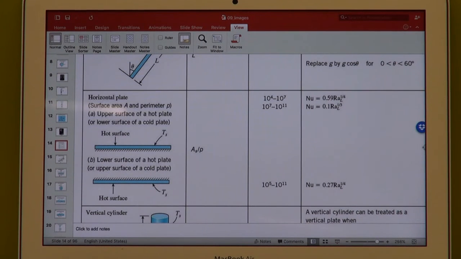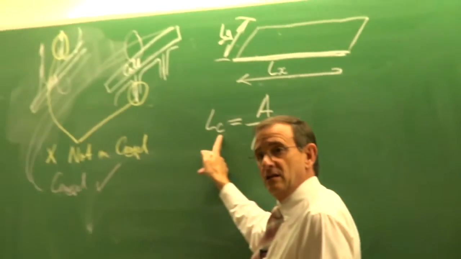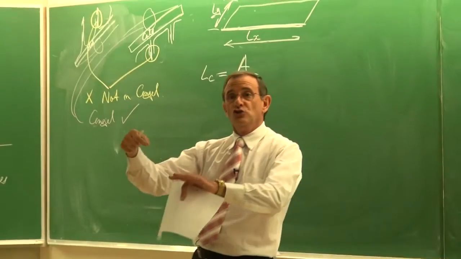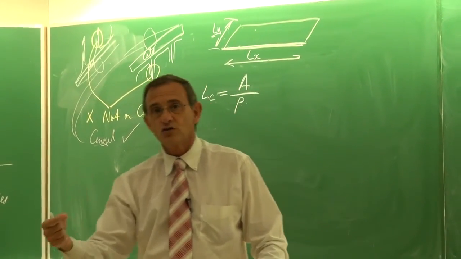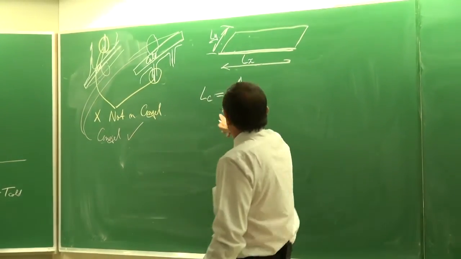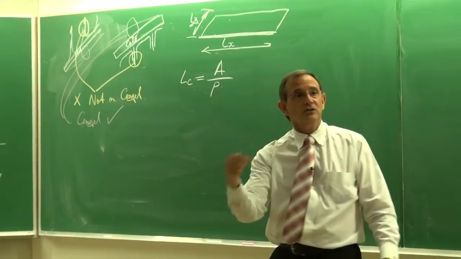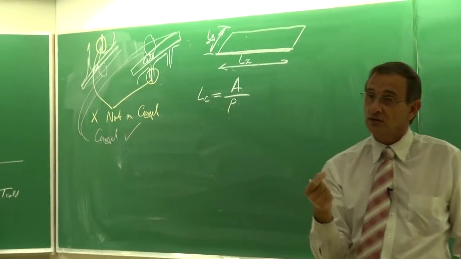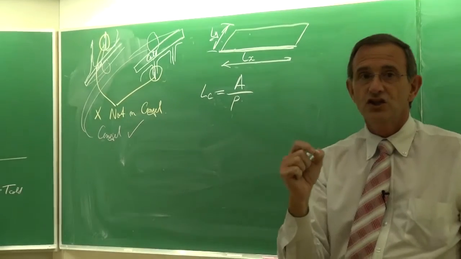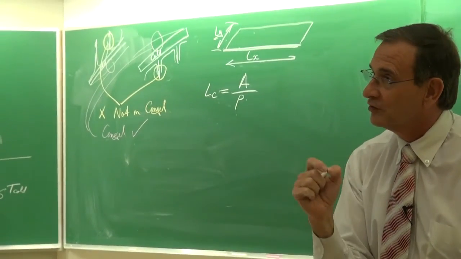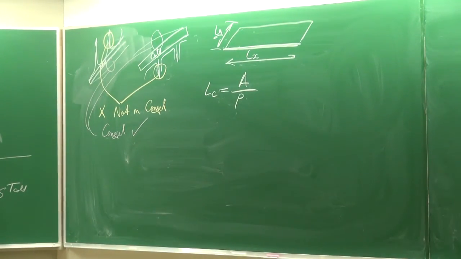However, what is important is you need to calculate your characteristic length, and then when you get your Nusselt number, to get your heat transfer coefficient, you have to use that characteristic length, otherwise you're not going to get the correct heat transfer coefficient. So everything, ladies and gentlemen, is in the fine print with natural convection, just like with forced convection. So please, you have to go and read it very well.